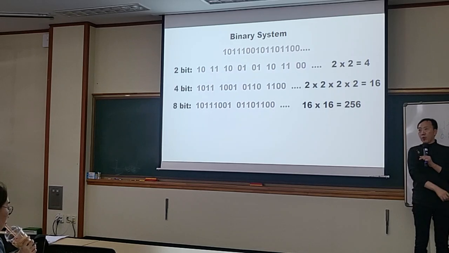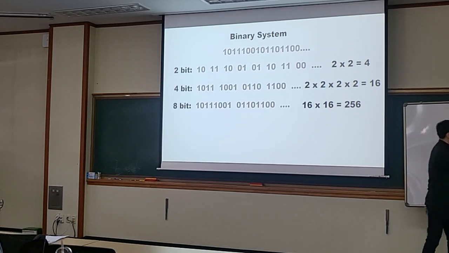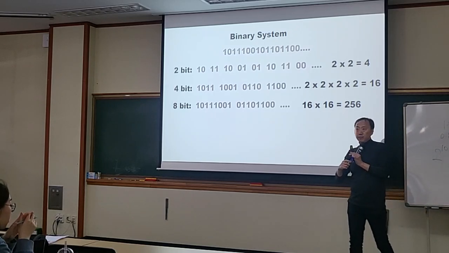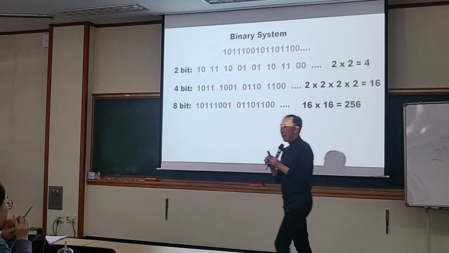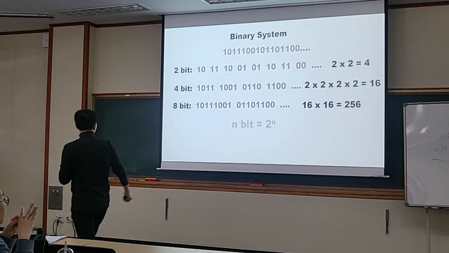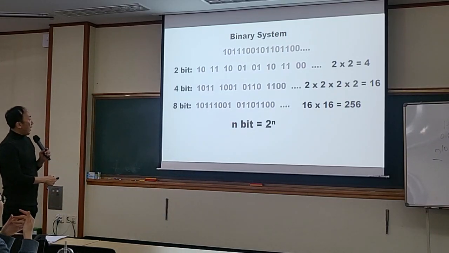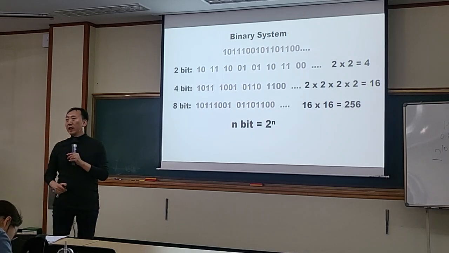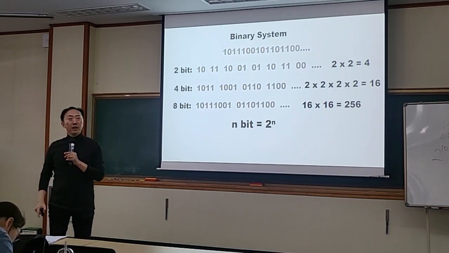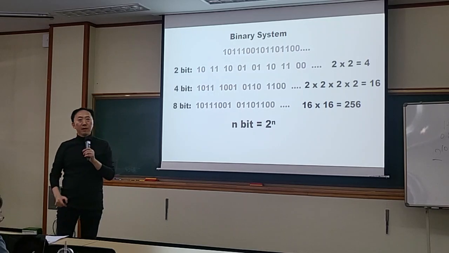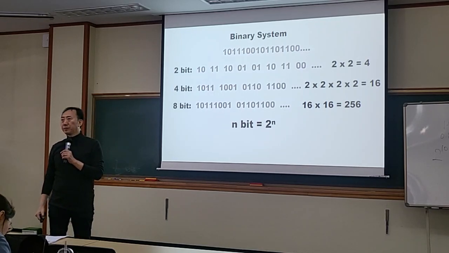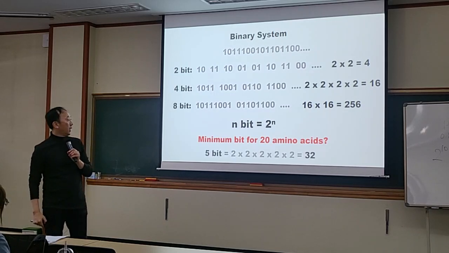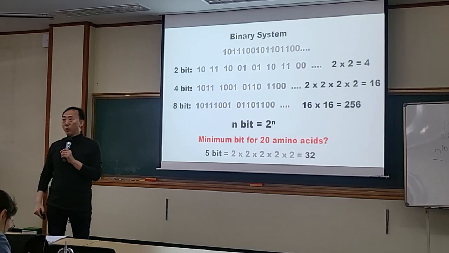This is the way you can convert 2 to the something into a decimal system, approximately. Now, if you have n bits, the number of pieces of information is 2 to the n. Then to code 20 amino acids, what is the smallest number of bits? 5. If it's 5, then you can cover 32. That's enough to cover all 20 amino acids.